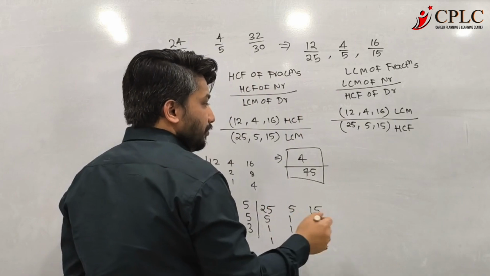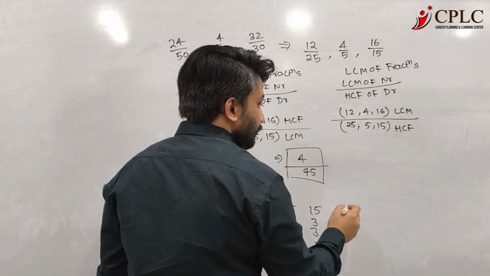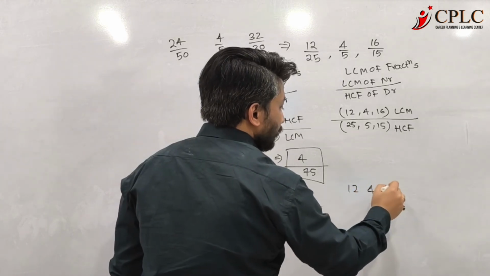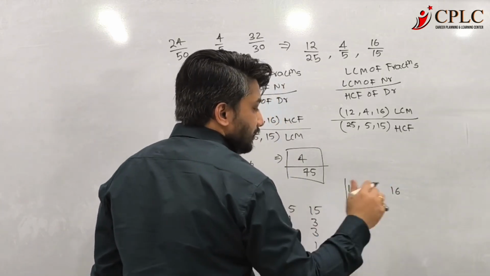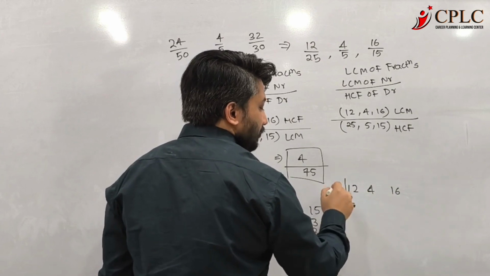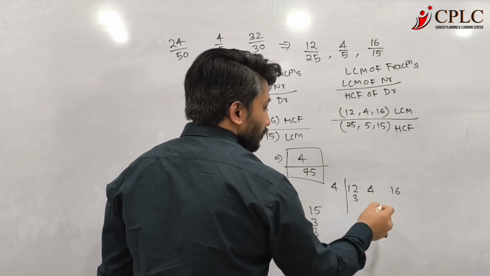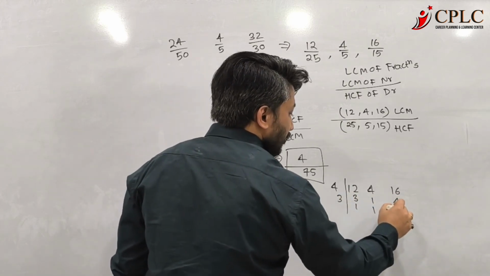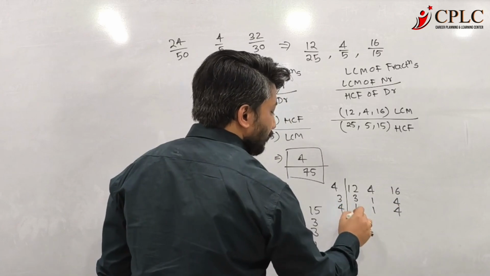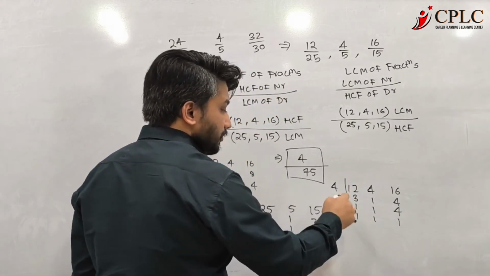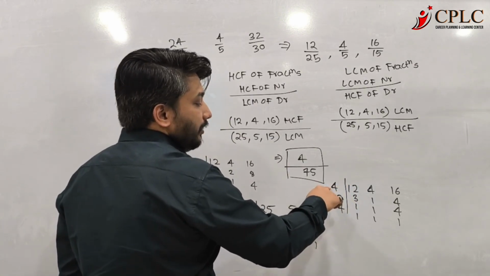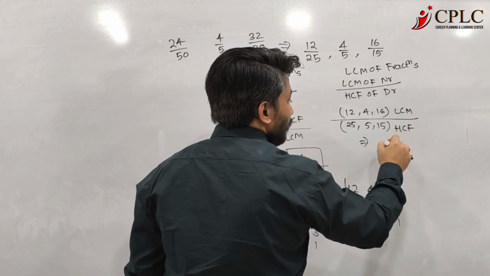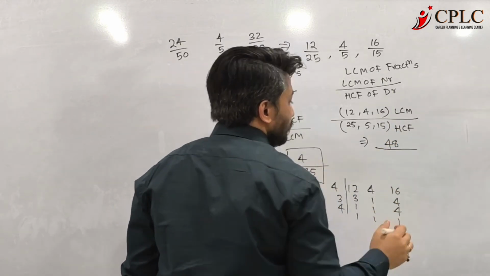Let's do the calculation one more time. If we start with 12, 4 and 16 for LCM, I can clearly say both these numbers are divisible by 4. So 3s are 12, 4s are 4, 16, and then 3 and 4 also can be taken out. So basically, if I calculate the LCM, it is 4 3s are 12, 12 4s are 48. So 48 is my LCM.